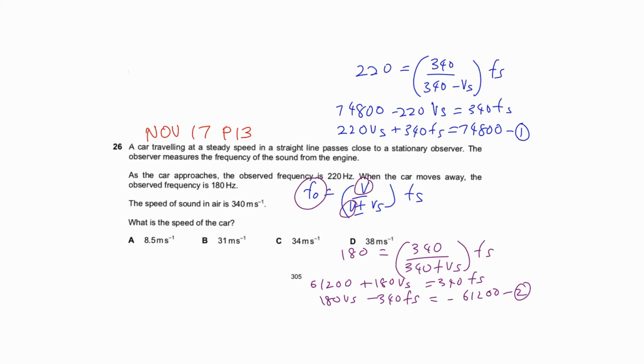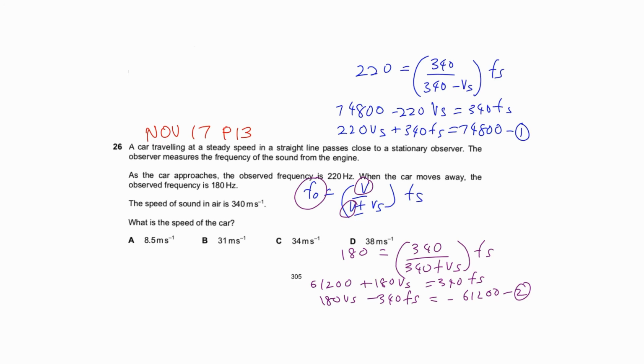Now this is obviously the Doppler effect, so you can use this formula, but the problem is this. You have the observed frequency in both cases. You also know the speed of the sound, which is the speed of the wave, but you do not know two things. You don't know how fast the car is moving, which is what you need to calculate, and also you don't know the original frequency of the car.